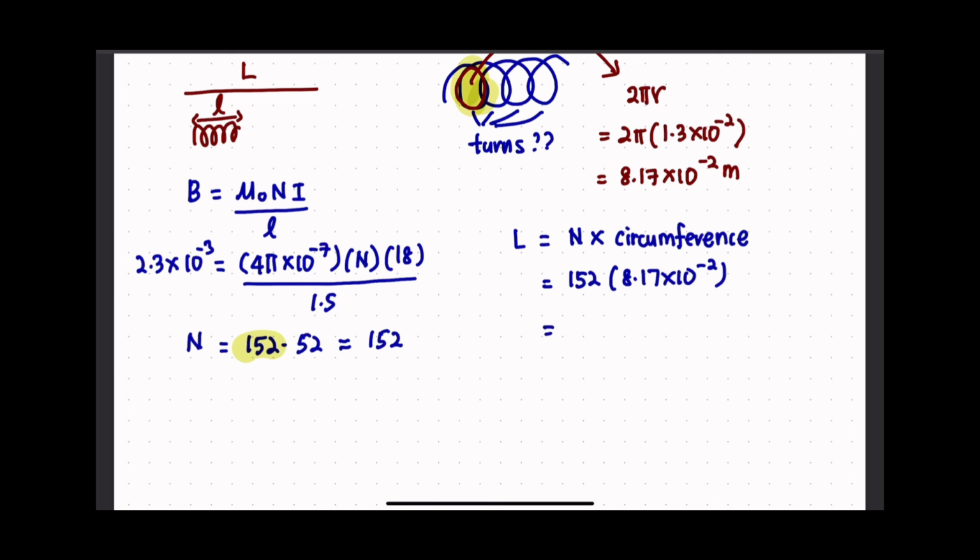Okay, so berapa yang kita akan dapat? 8.17 exponent negative 2 times 152. So you will get 12.41, 12.42 lah, 12.42 meter.